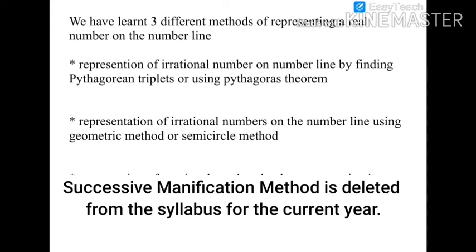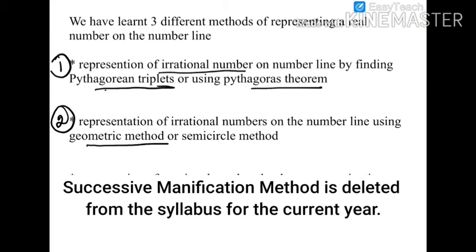Moving on in the chapter, we also learned 3 different methods of representing a real number on the number line. We represented irrational number by finding Pythagorean triplets or using simply Pythagoras theorem. We also represented irrational numbers on the number line using the geometric method, or we can call it as semicircle method.